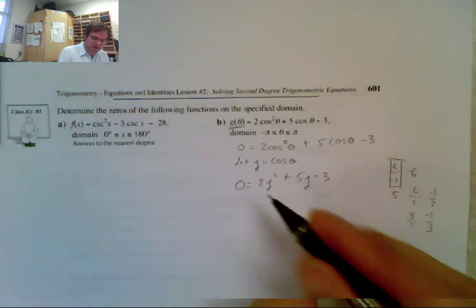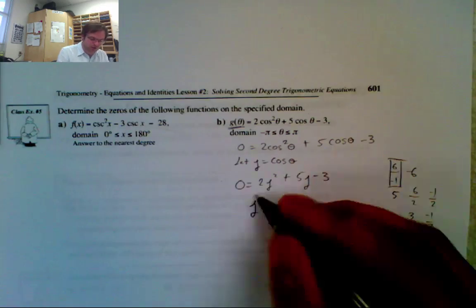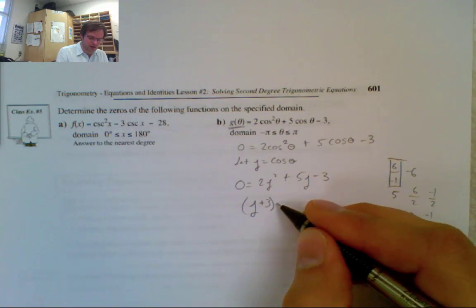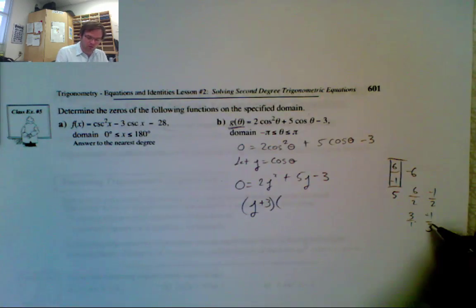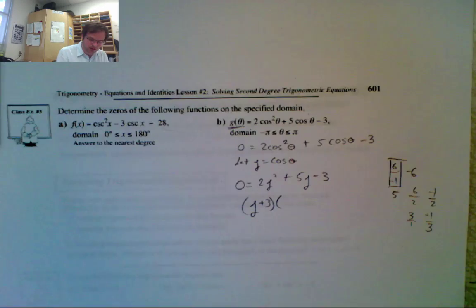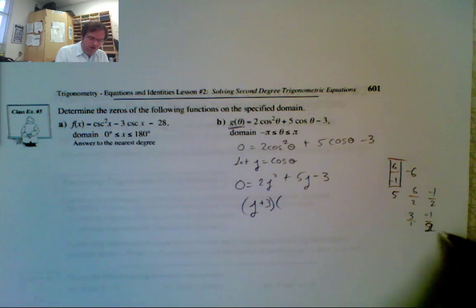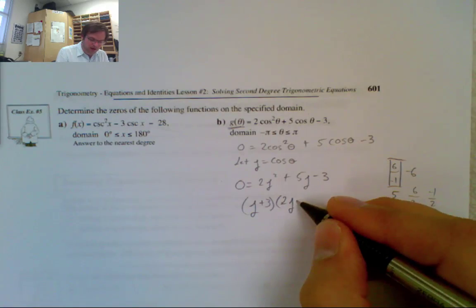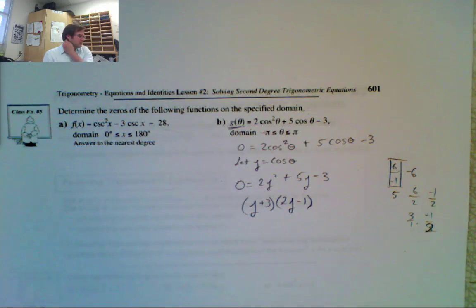So that gives me j plus 3, and my other one is going to be 2j minus 1.